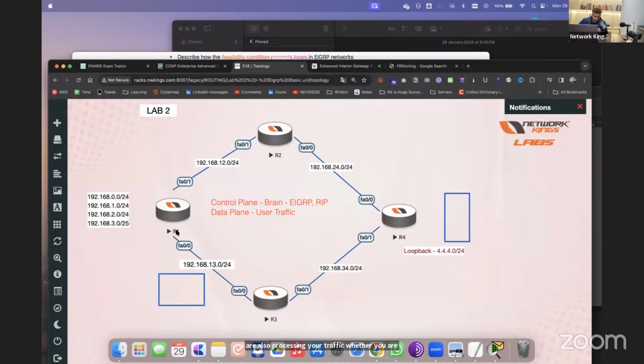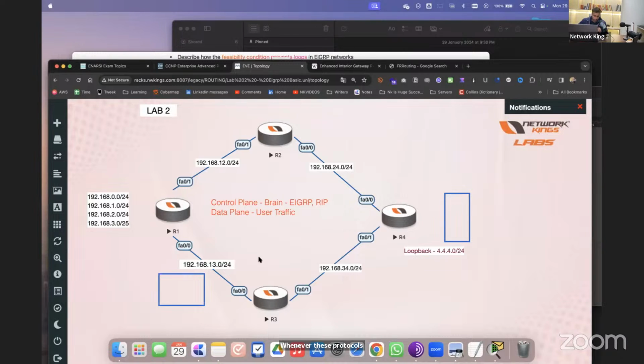The traffic links are used, so all that traffic goes with the data plane. But all the brains, consider 4 routers in this topology, all 4 brains are working on EIGRP and RIP protocols. Whenever these protocols talk, they talk with the control plane, the brain of the routers.